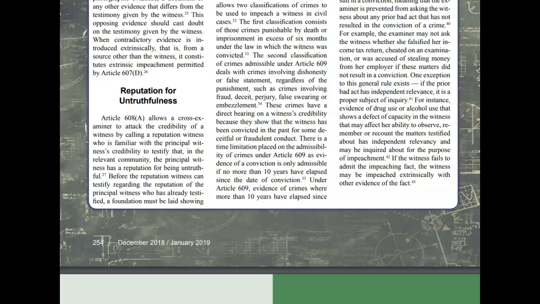So any party can call a character witness to testify that any earlier witness has a bad reputation for credibility, for truth telling, for telling the truth. That's what 608A is all about. So it's similar to 405, but it's not limited to the criminal context.